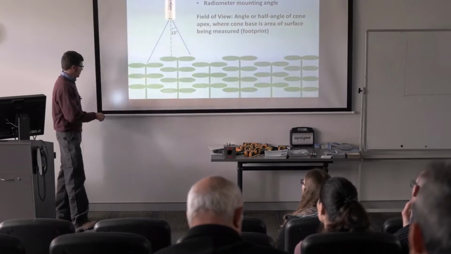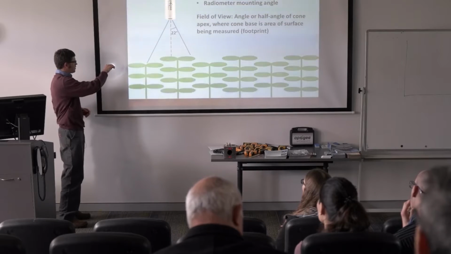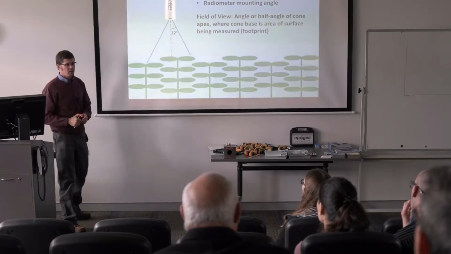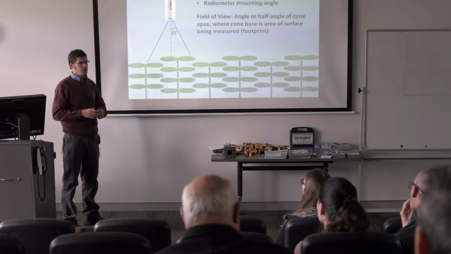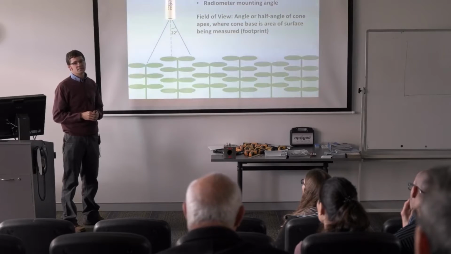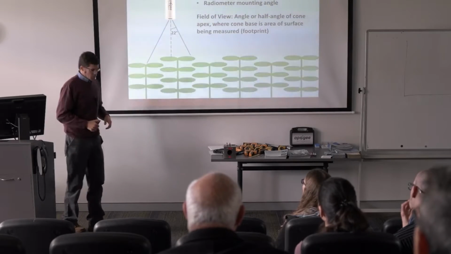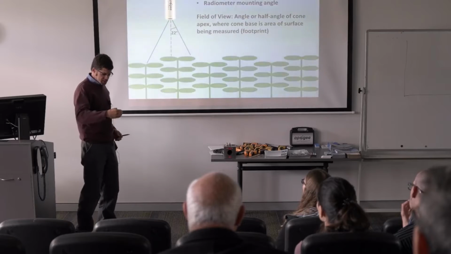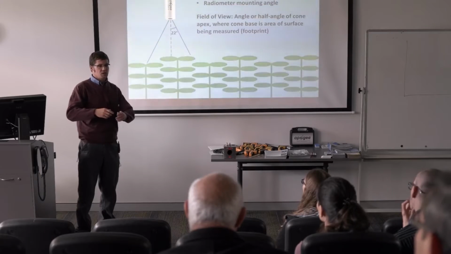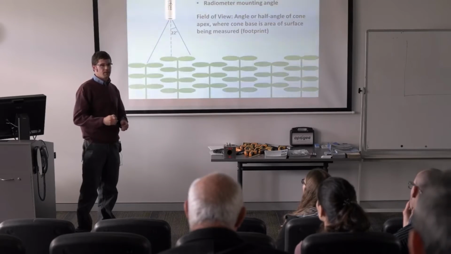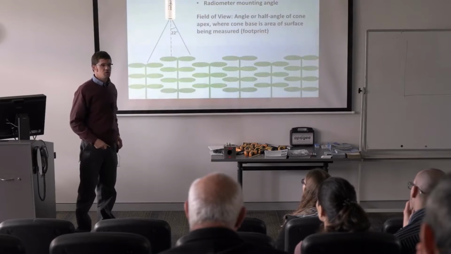Just like when we moved the flashlight away from the wall, not only did the circle get bigger, but it got less and less intense, right? So if your radiometer is perpendicular to the surface, you see a circle. As soon as you start to angle it, the footprint spreads out into an ellipse.